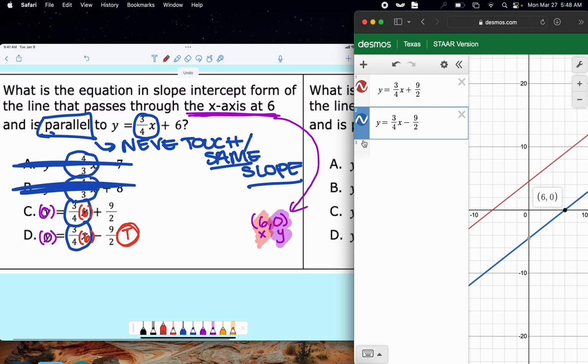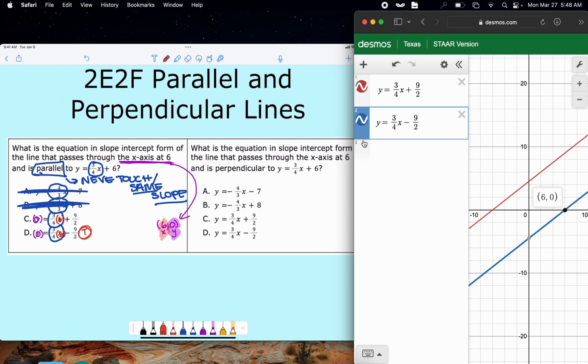So, same thing over here with this one. It says, what is the equation in slope-intercept form of the line that passes through the x-axis at 6, 0, and is perpendicular? Perpendicular means we take the slope, 3 over 4, and we flip it. So it's now going to be 4 over 3, and you change the sign. This one is positive, so this is going to be negative.